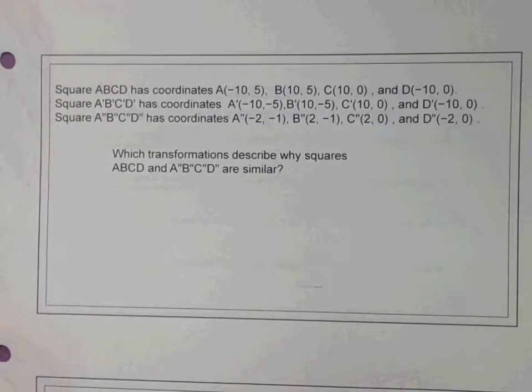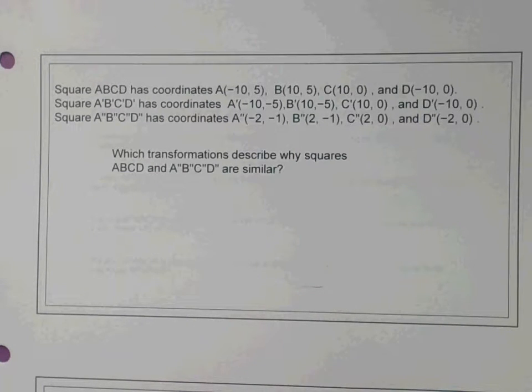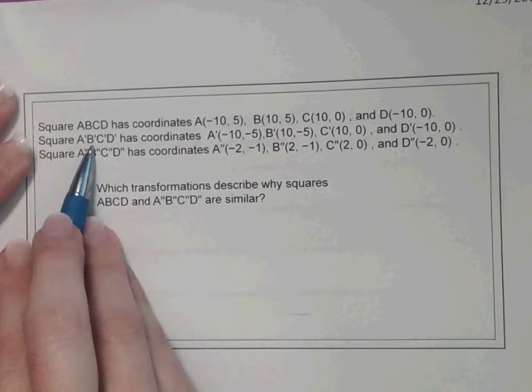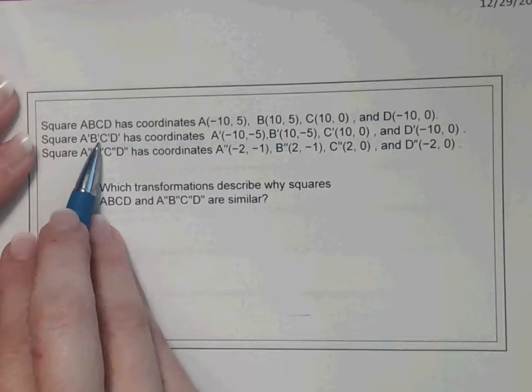Okay, so which transformations describe why squares ABCD and A prime prime, B prime prime, C prime prime, and D prime prime are similar? Okay, so we need to see what happened between ABCD and A prime, B prime, C prime, and D prime.